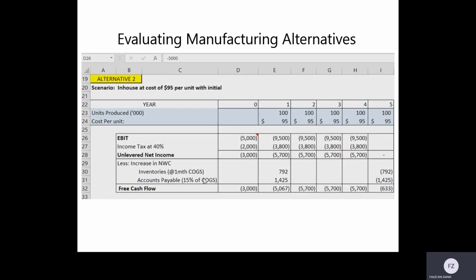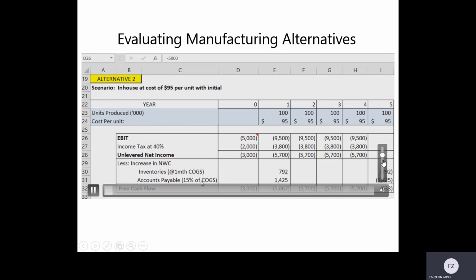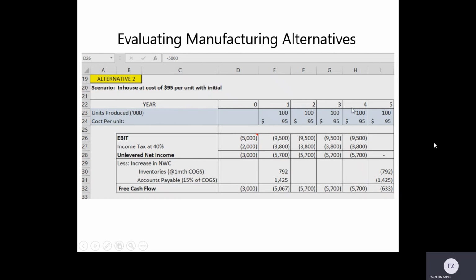Let's look at the net working capital effect on alternative 2. We know that the units produced here are 100,000 per year, and the cost here is $95 per unit. Since we don't figure out what the sales are, our EBIT is a reflection of the actual cost here. The numbers here are derived from 100,000 times $95 per unit.